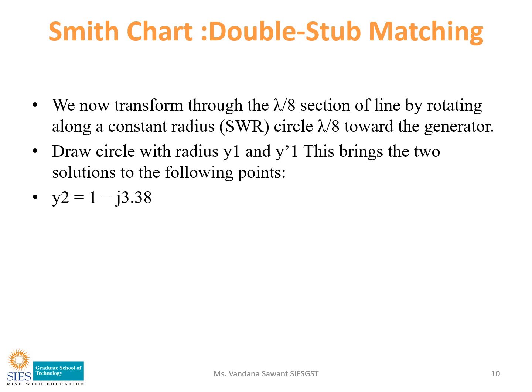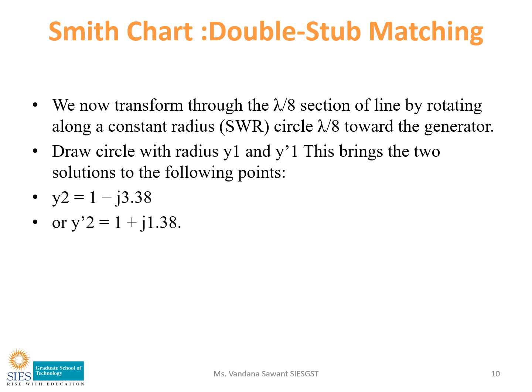Similarly, we will take the compass and take the distance from the center of the graph to y1 dash, and draw the circle passing through y1 dash. Then this circle will intersect the R is equal to 1 circle at 1 plus J 1.38.